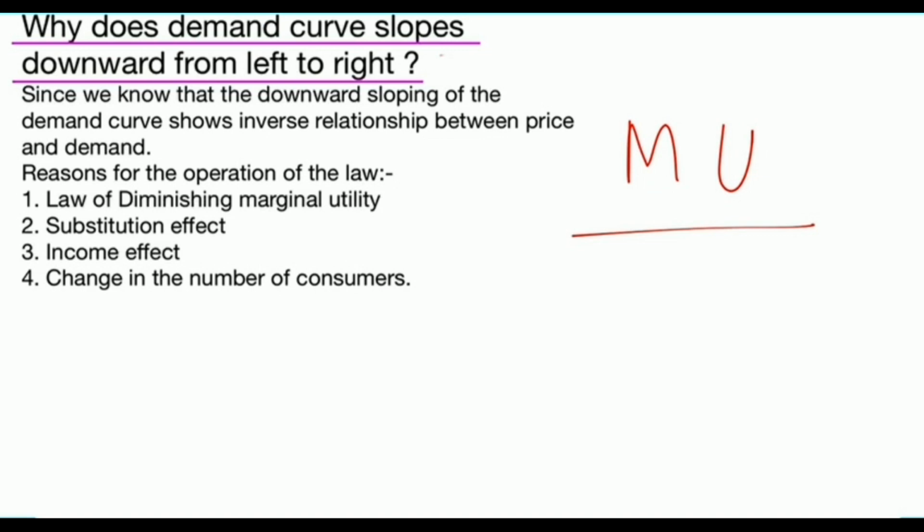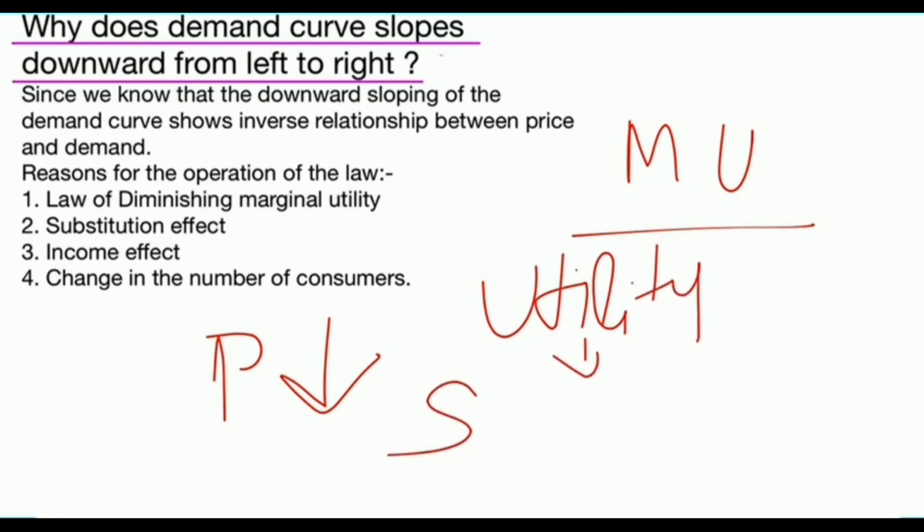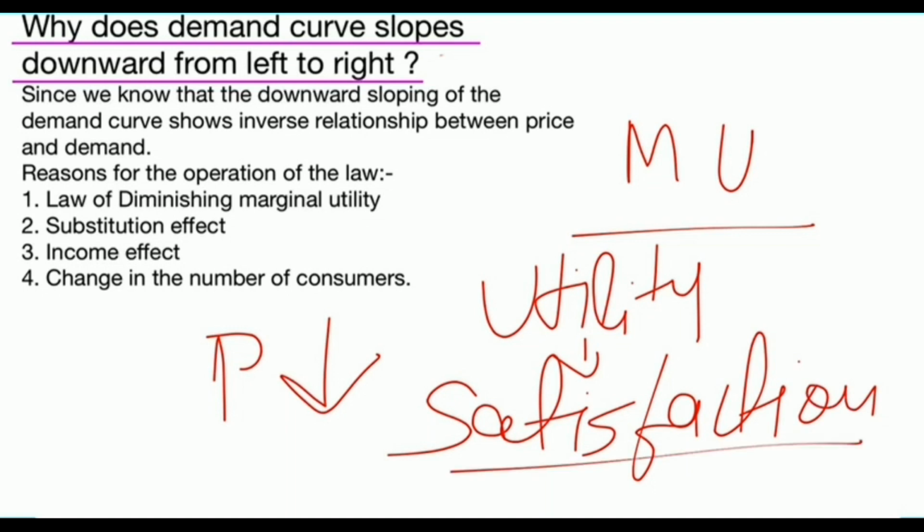So the consumer would purchase more of a commodity only when the price of that commodity falls. A consumer pays for a commodity because it causes utility. Utility means satisfaction. So if we are consuming any particular commodity, it means that we are getting satisfaction from it.